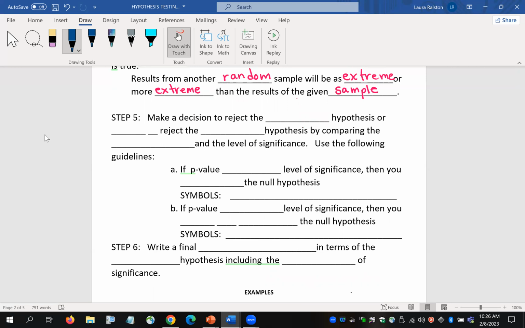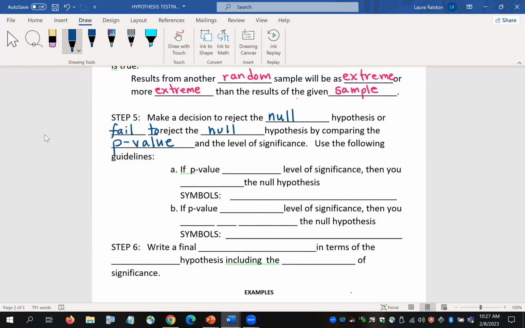Step 5 is we make a decision to reject the null hypothesis or fail to reject the null hypothesis by comparing the p-value to the level of significance. That's the standard. We compare the p-value to the level of significance. And again, notice the phrasing. We either reject the null or we fail to reject the null.